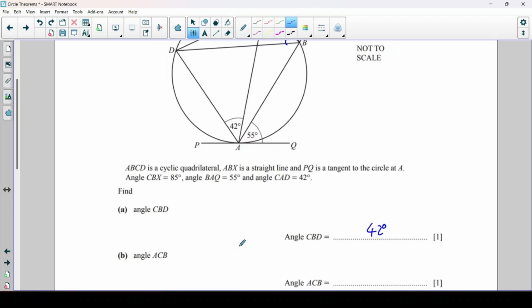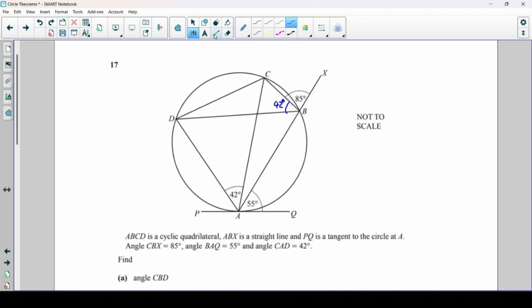The next one asks for ACB, so let's draw over that. ACB. So that's this angle up here. Now, although this angle is the same, we don't know what it is yet. That 85 doesn't seem that helpful yet. Let's see if it is the alternate segment theorem. I think it is.